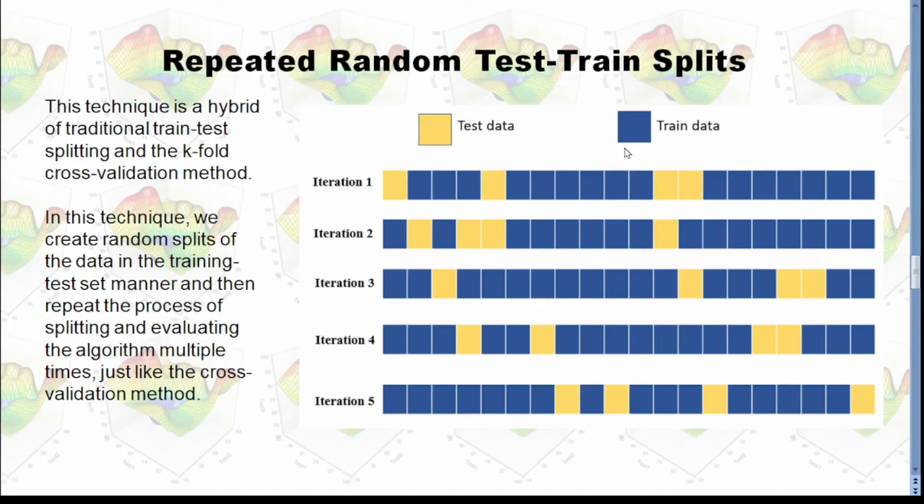The other blocks will be used for train data, and those 4 blocks of test data are randomly chosen from the dataset. You can see this data block is used twice, and here also twice, but that's fine because we are using this random process. We just pick 4 blocks of data as test data, and then we repeat this process to do the repeated random test-train splits.